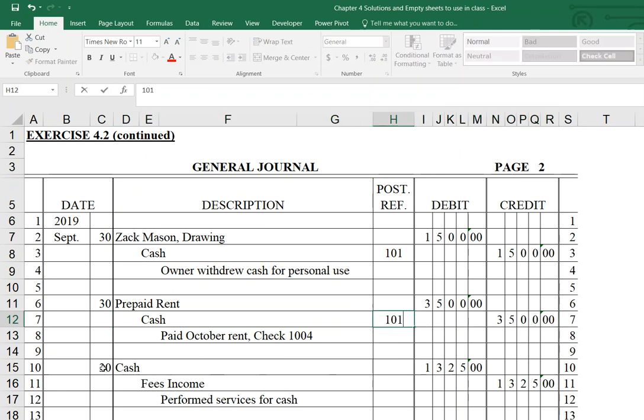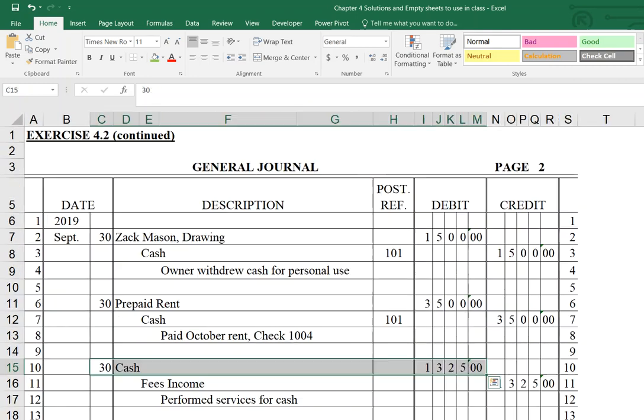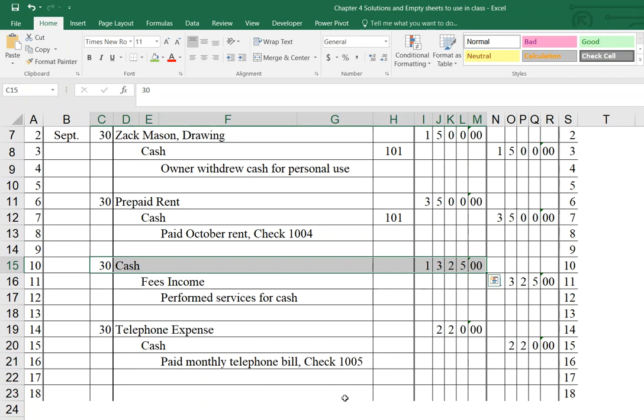Okay, and then also on the 30th, we performed services and got paid cash, $1,325. Journal 2, 1,000. Did I read that wrong? Oh, I show 1,000 here, but I think it's 7,000.